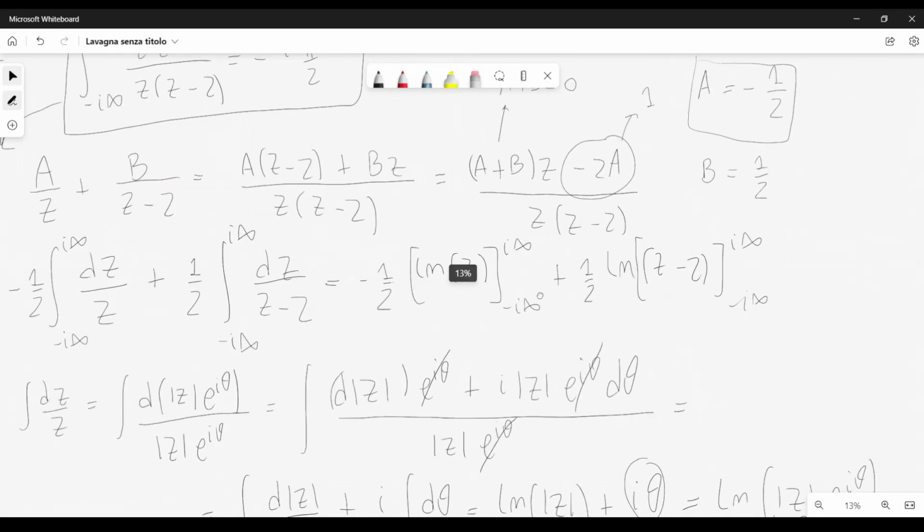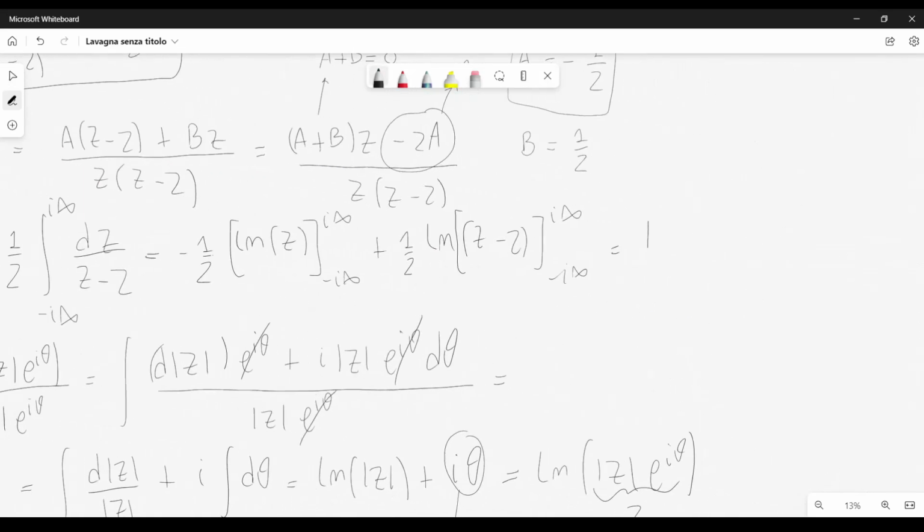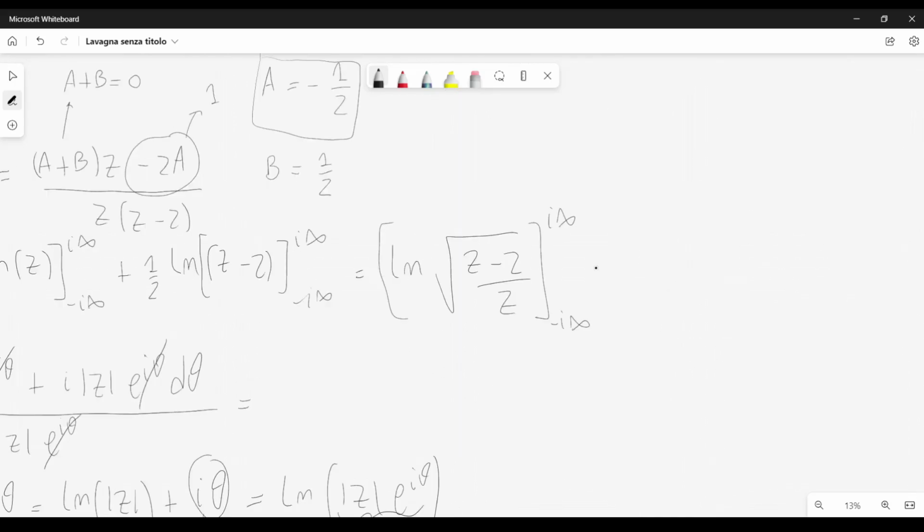And if you want, you can put these two results together. Logarithm of the square root of z minus 2 divided by z evaluated between minus i infinity to i infinity. Or if you want, log square root of 1 minus 2 over z evaluated between minus i infinity to i infinity.